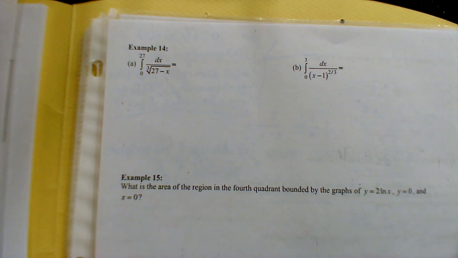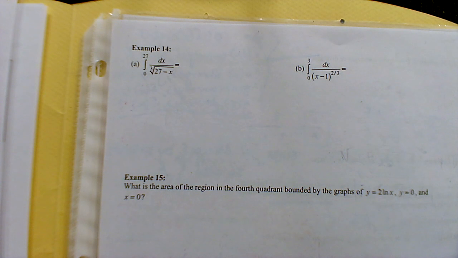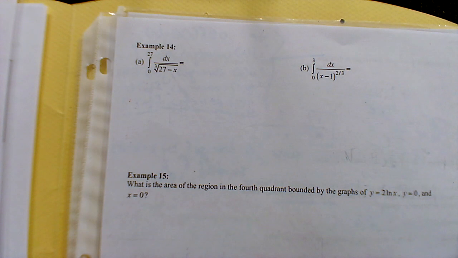All right, so how do you want to try to work backwards? Think about your techniques. Anything kind of popping out at you? Is it a simple reverse power rule?